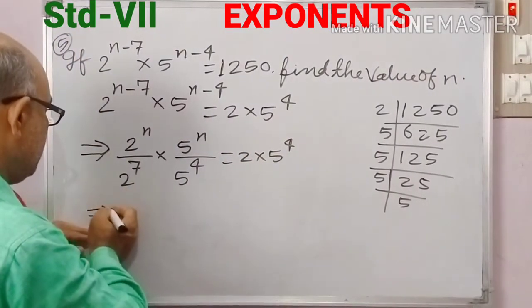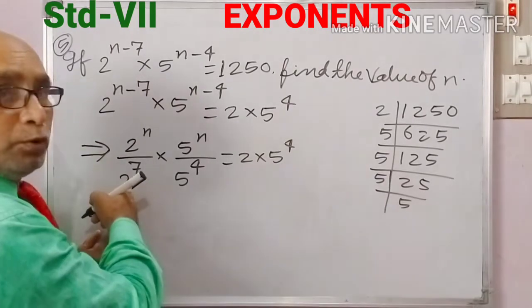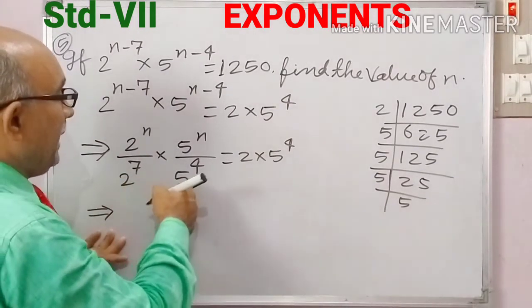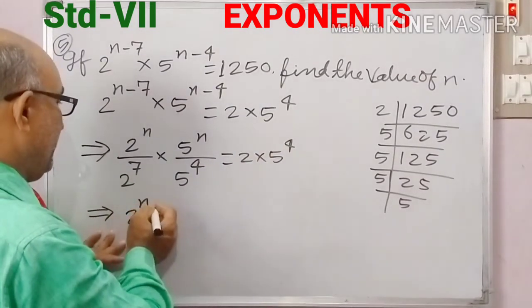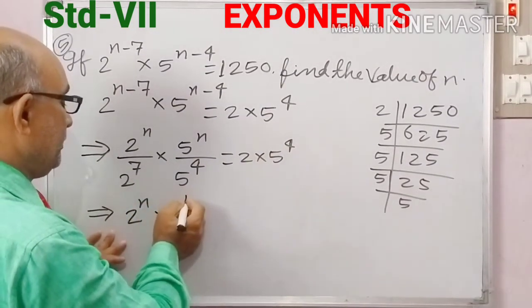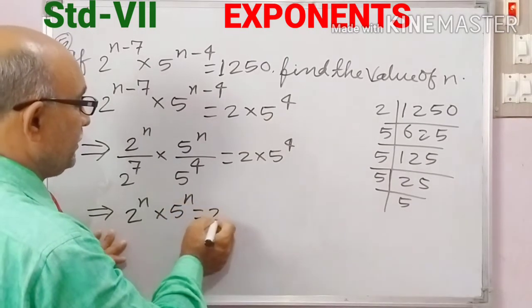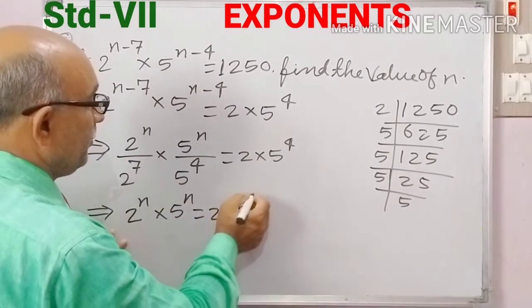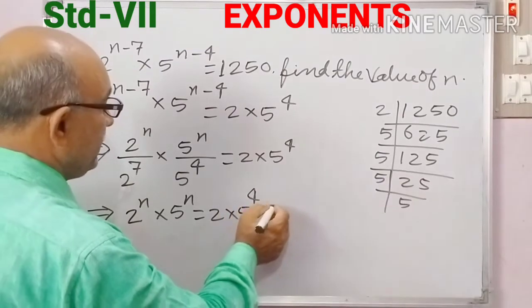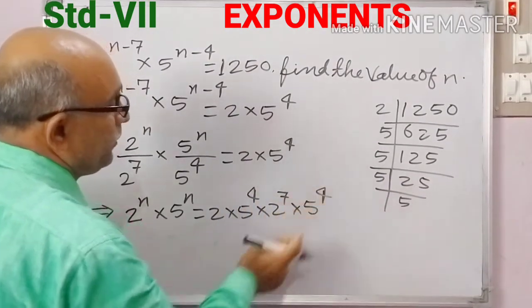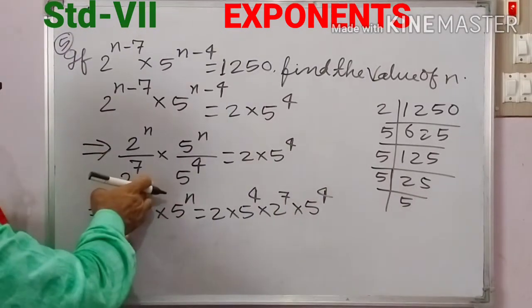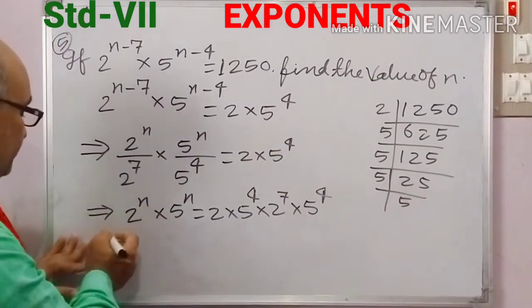Now, by transposition, 2^7 and 5^4, 2^n into 5^n equal to 2 into 5^4 into 2^7 into 5^4. Division changes into multiplication.